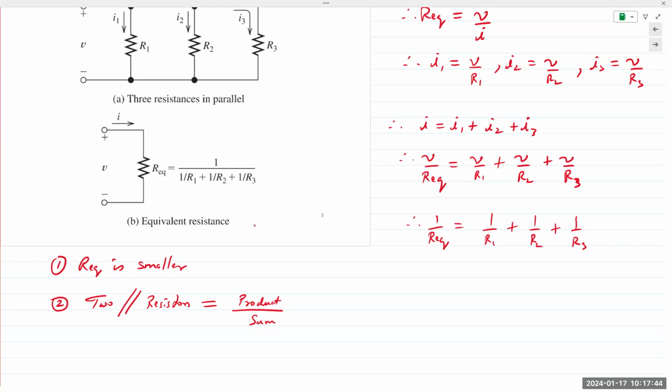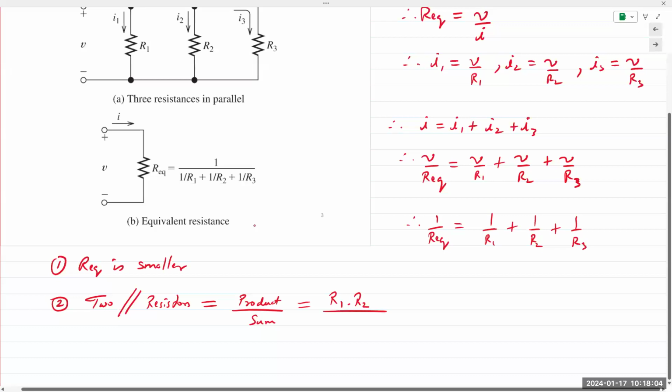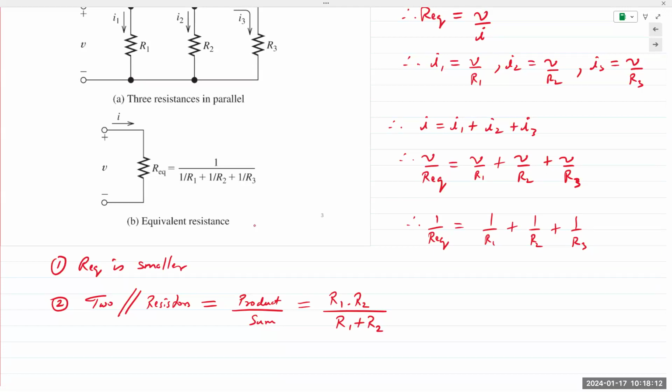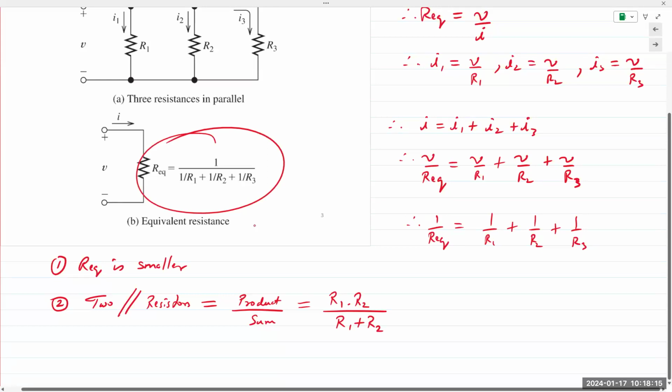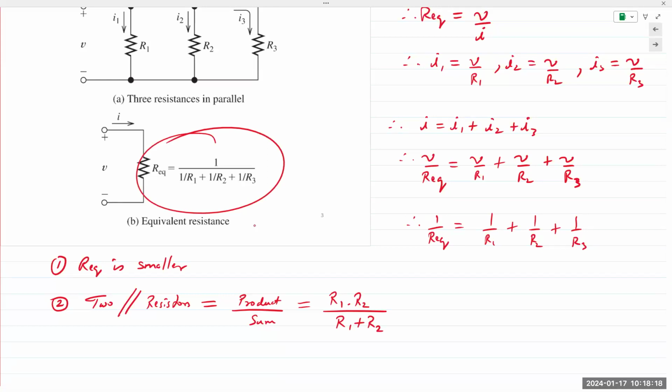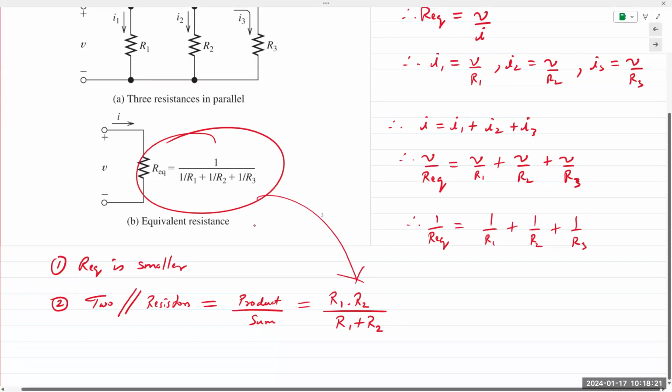So if this was just R1 and R2, and you applied this equation, Req is the reciprocal of the sum of the reciprocals, it simply boils down to the product of the two resistors divided by the sum of the two resistors. Simply R1 times R2 divided by R1 plus R2. Because if you solve this equation for only two resistances, that's what you would get. And hence, product of the two divided by the sum of the two.